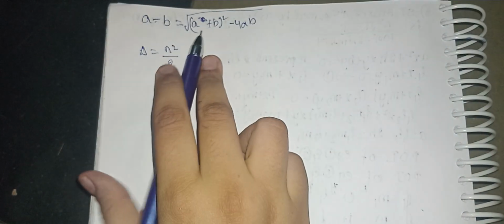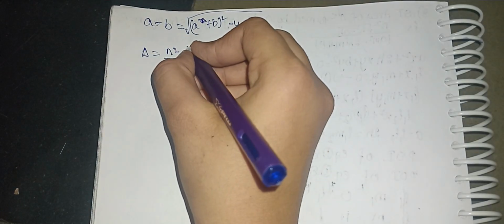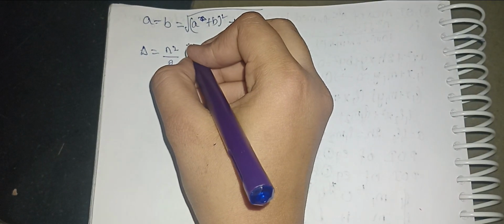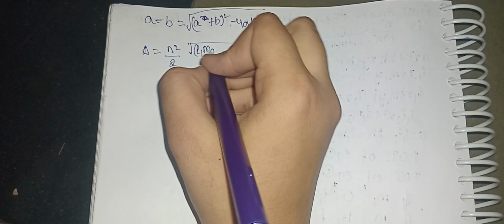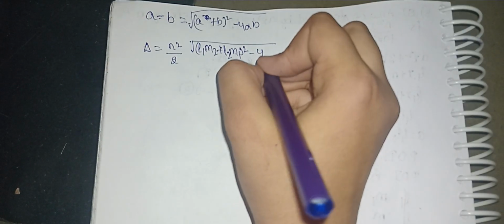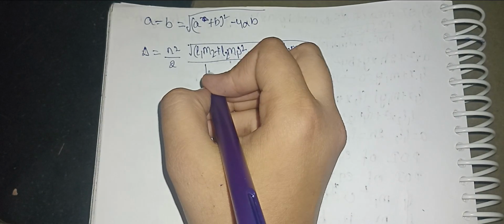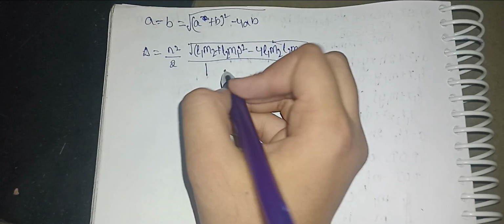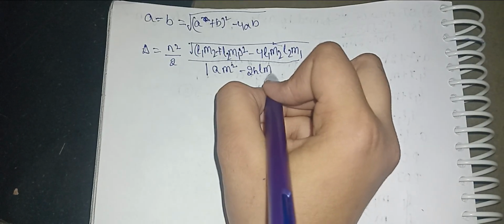Now by using this formula, we'll write area is n square by 2 root over L1 M2 plus L2 M1 whole square minus 4 L1 M2 L2 M1, all by the mod. Here L1 L2 is AM square minus 2HLM plus BL square.